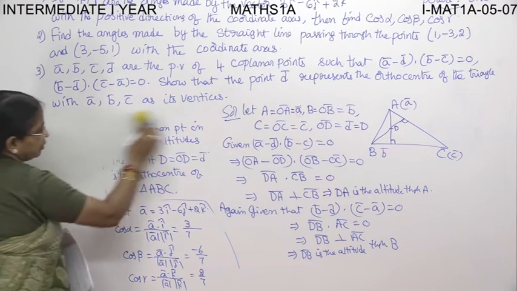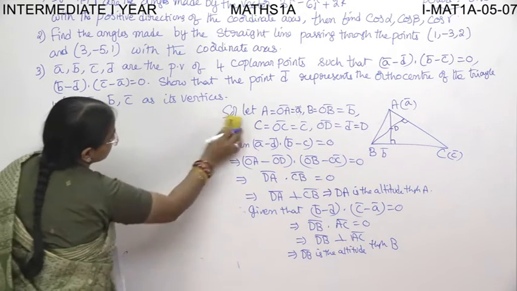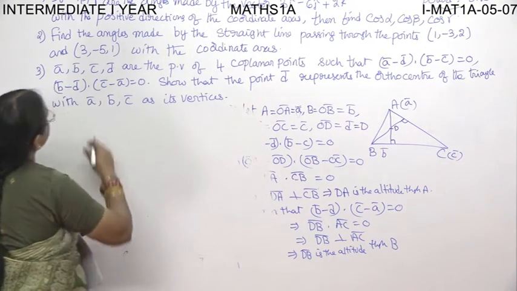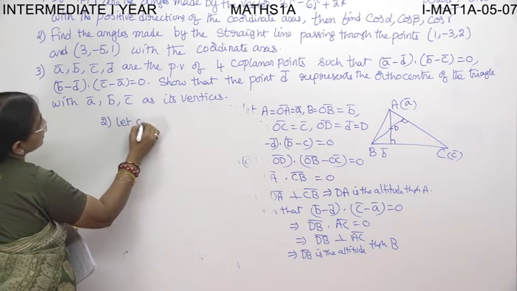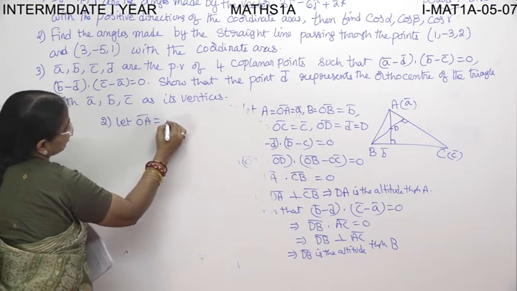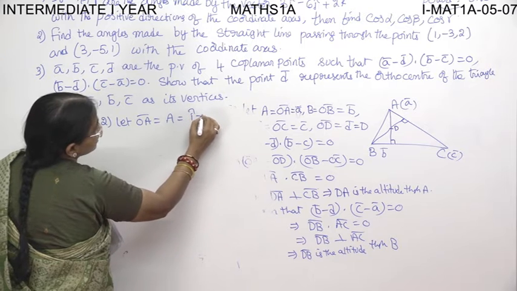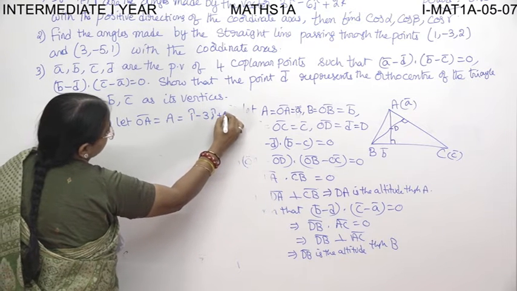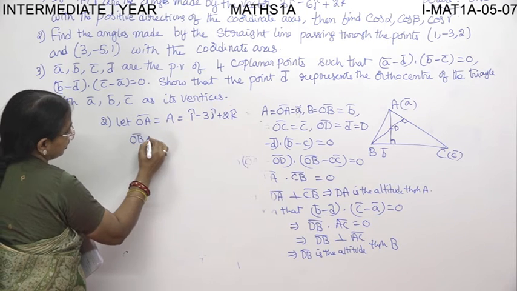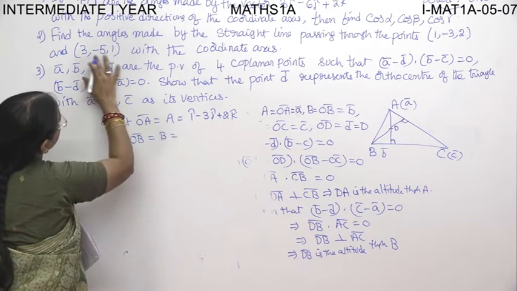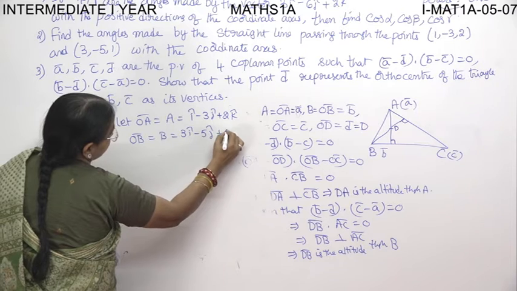Now we'll do that problem. Suppose OA is equal to A, OB is equal to B. In the second problem, let OA be the point i minus 3j plus 2k, and B is the point, OB equal to 3i minus 5j plus k.